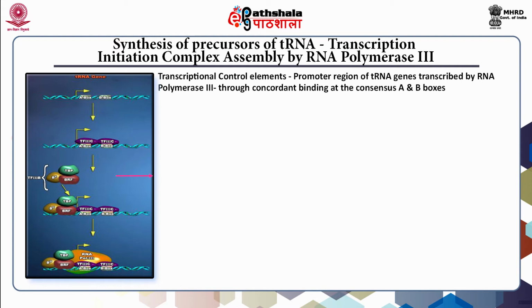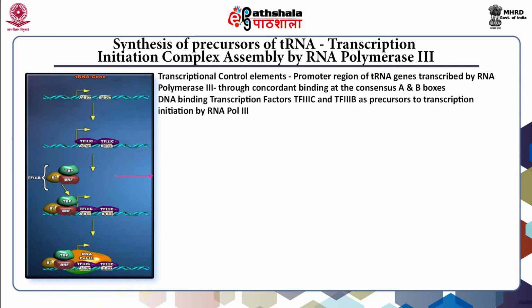These sequences are termed box A and box B. Two complex DNA binding factors are precursors to transcription initiation by RNA polymerase III, termed transcription factor C and transcription factor B.